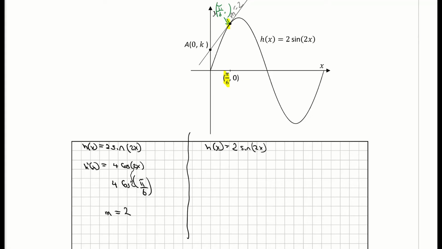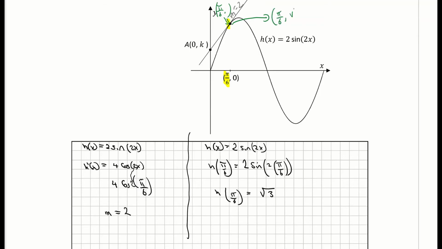So h of pi over 6 is equal to 2 times sine of 2 times pi over 6. So that's what I'm going to do on my calculator. Again, at this stage, it's no harm to mention, just remember your calculator is in radians at all times here. So therefore, h of pi over 6 is equal to, when I do that on my calculator, root 3. So that means that coordinate that I've marked there in green on my diagram is now going to be written as (pi over 6, root 3).